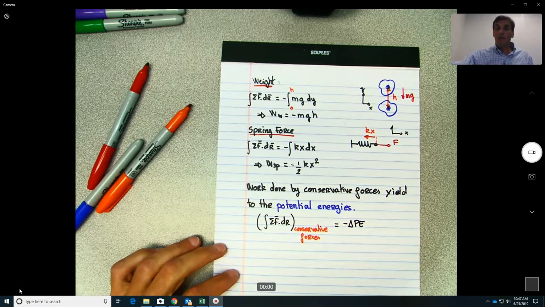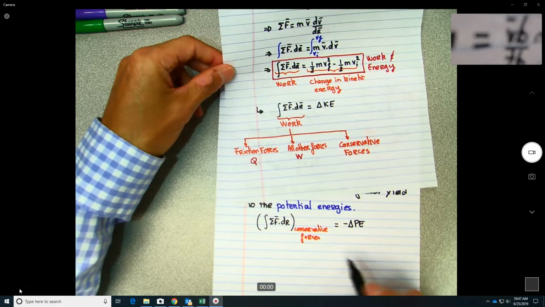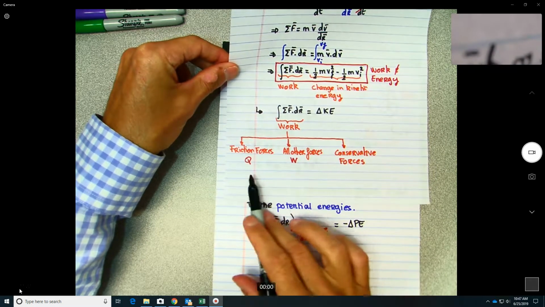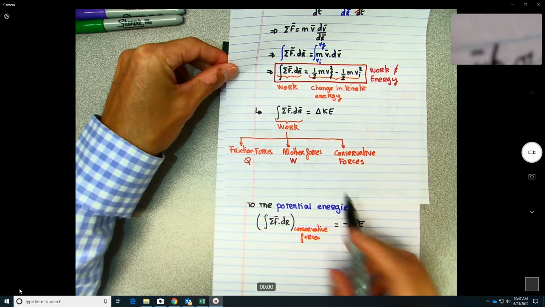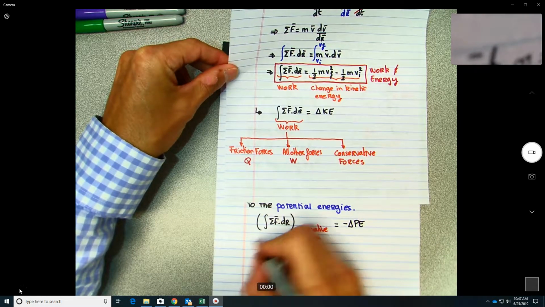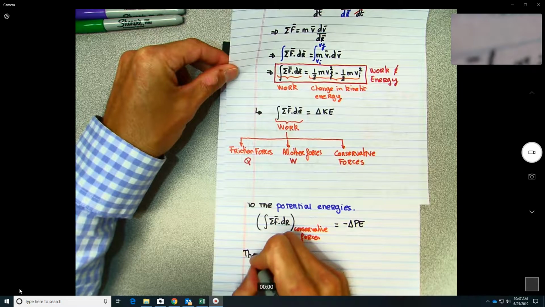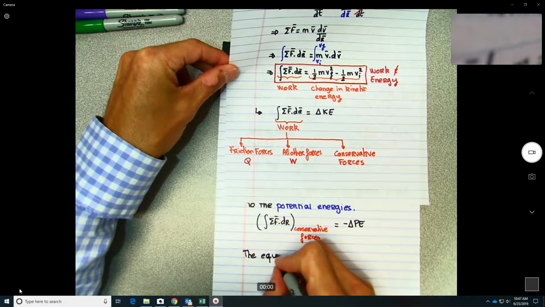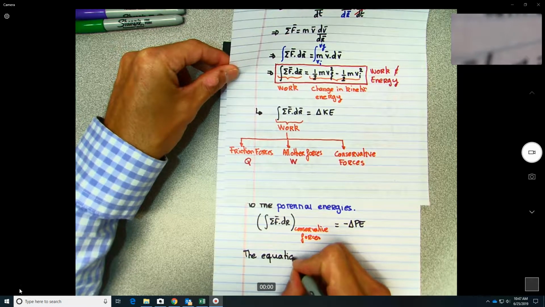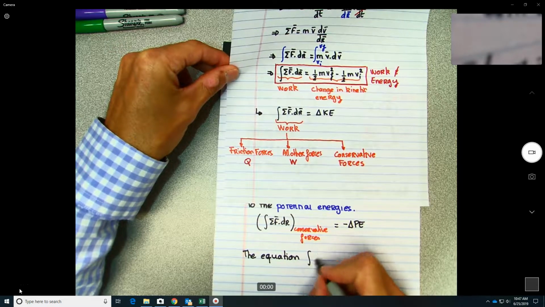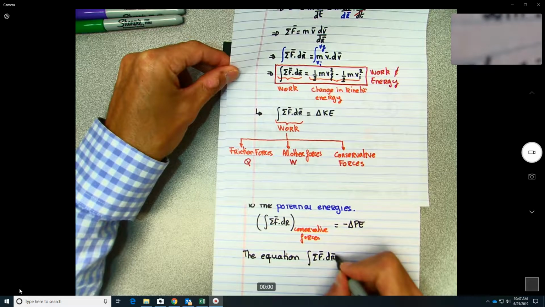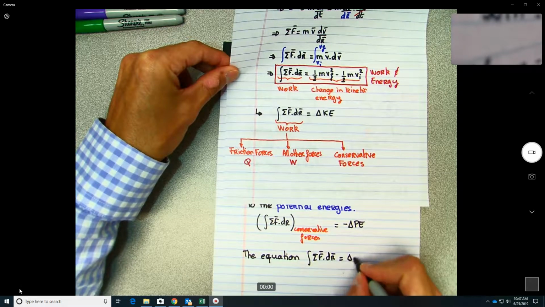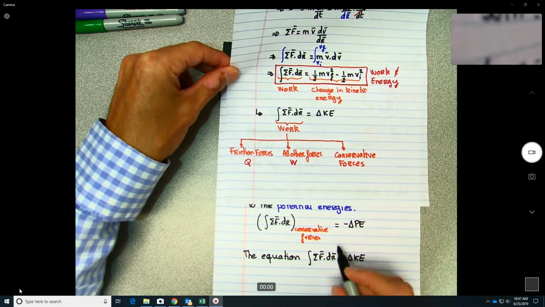So if we go back to our initial equation, we could just rewrite this one. So the equation summation of forces dr equal to change in kinetic energy will become what?